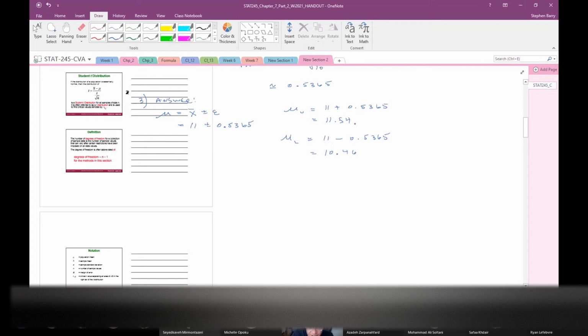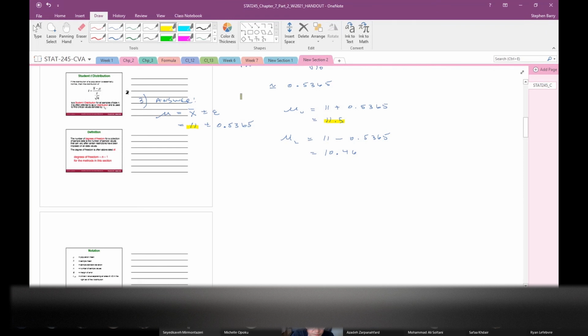And your lower limit is 11 minus your error. Let's just use 3 digits because of the significant digit issue. This is 2 digits, so let's just use 3 digits here. Let's go 11.5, and let's go 10. So I guess this would be 10.5.